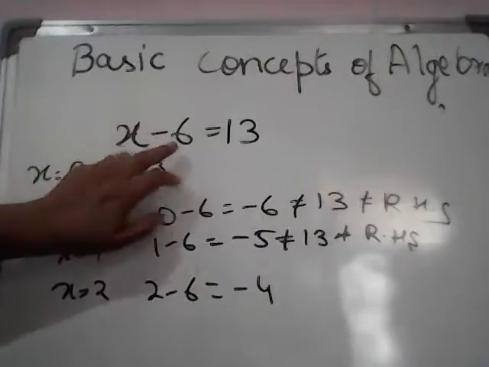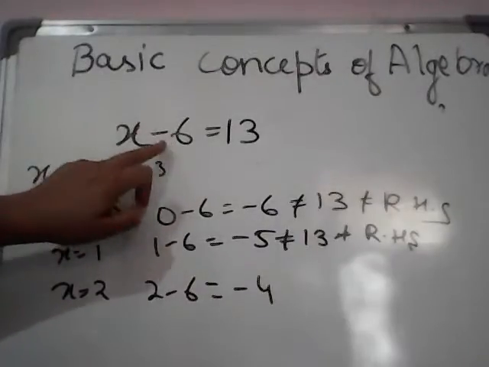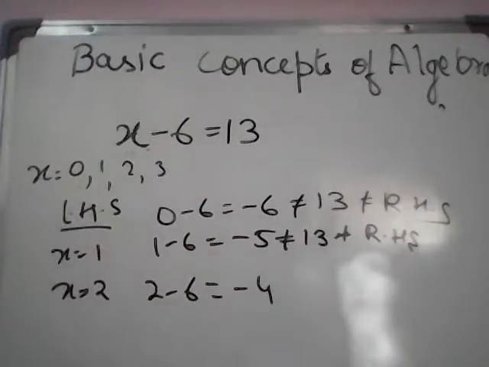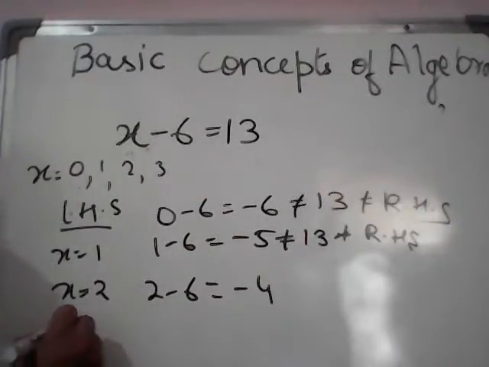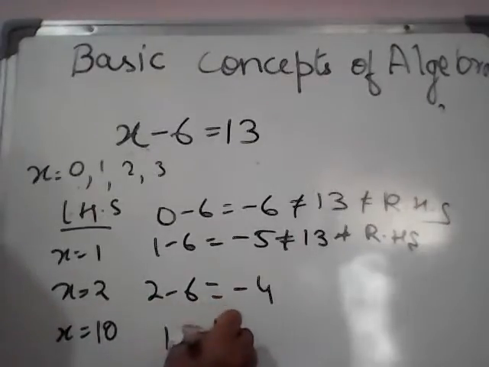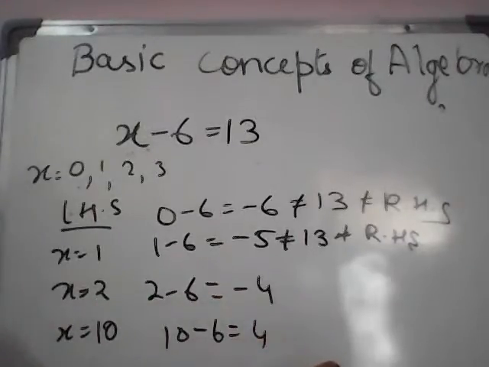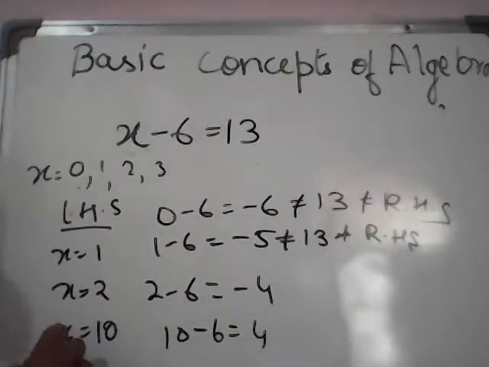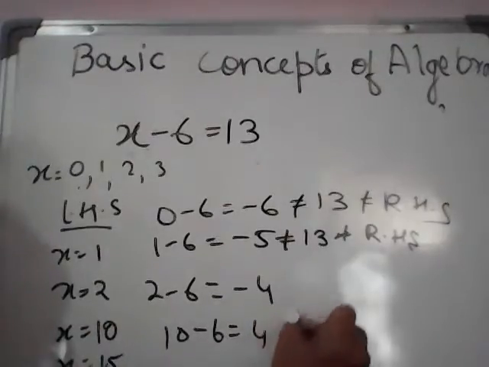Because we know this is a minus sign, we have to keep something bigger to get 13. Okay? We can put x is equal to 10. 10 minus 6 is equal to 4. Now we have started getting positive numbers, so we have to put a bigger number. We put x is equal to 15. 15 minus 6 is equal to 9, which is also not equal to right hand side.